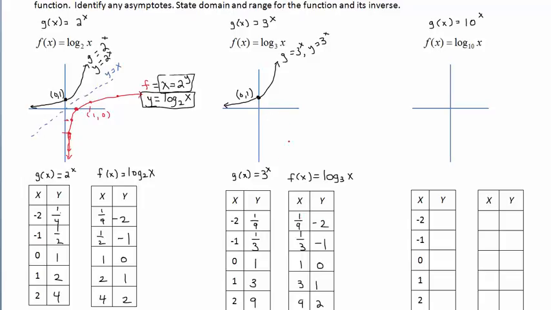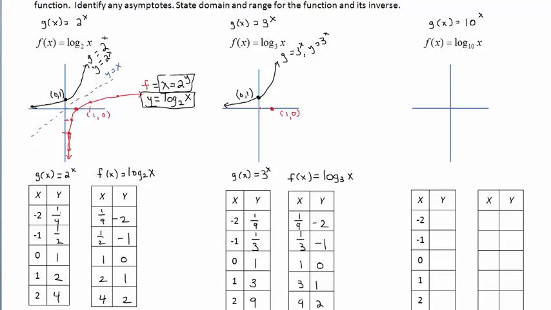Plotting the point (1/9, -2). Again, like I said earlier, I know (1, 0) is on log base 3 of x, which gives me a starting place. (1, 0) is here. Plot (1/9, -2).